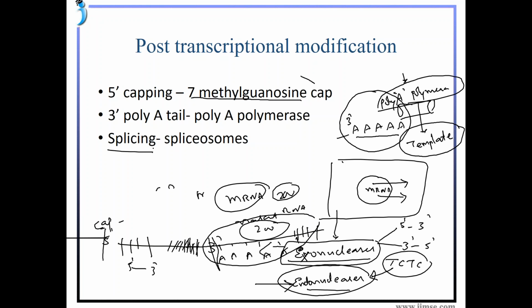Something special happens in eukaryotes, that is splicing. So what happens in eukaryotes is there are coding and non-coding regions both in the mRNA. In prokaryotes, the mRNA that is synthesized can be directly utilized for protein synthesis.